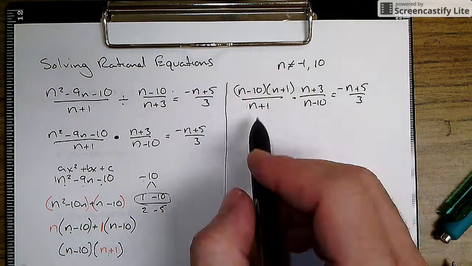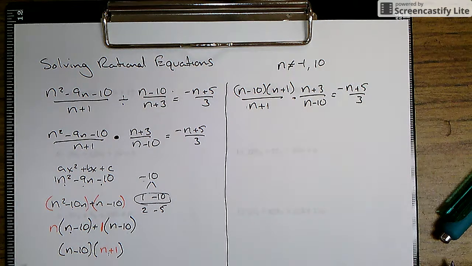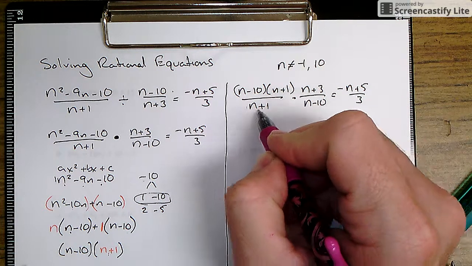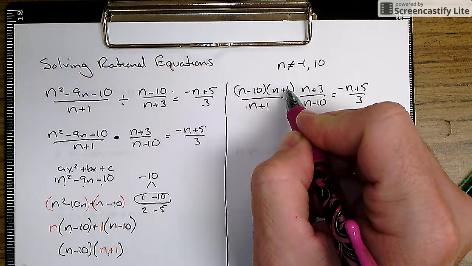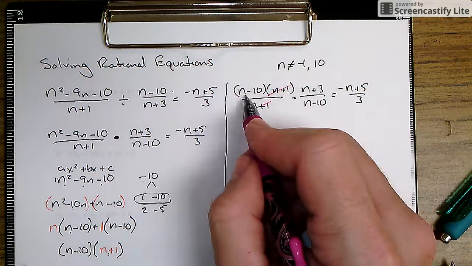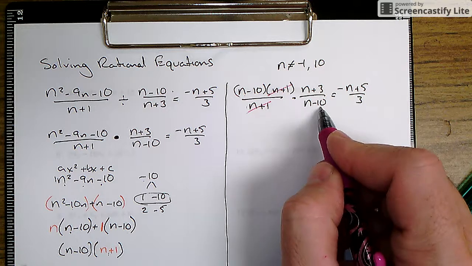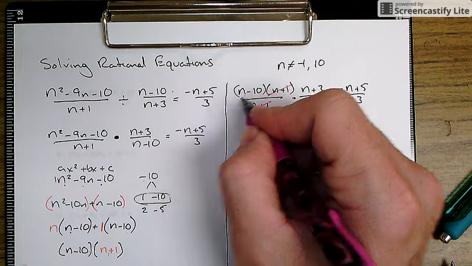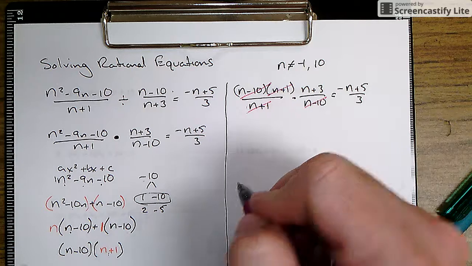So now, looking at this, I have a series of factors that I can cancel out. I have this n plus 1 here, n plus 1, so common factor in the numerator and denominator, so cancel those out. And then I have this n minus 10 and this n minus 10. Again, common factor in the denominator and the numerator, cancel those out.